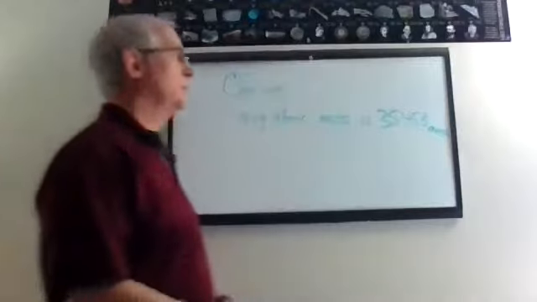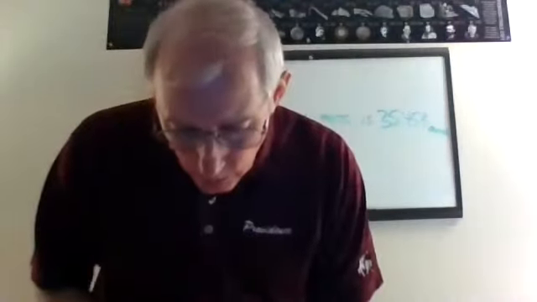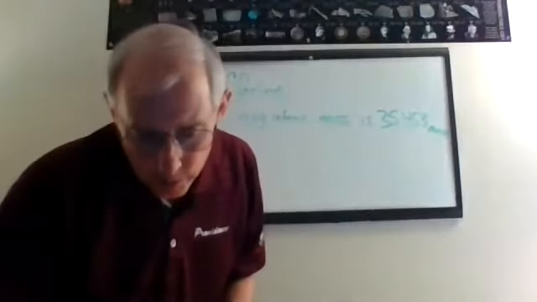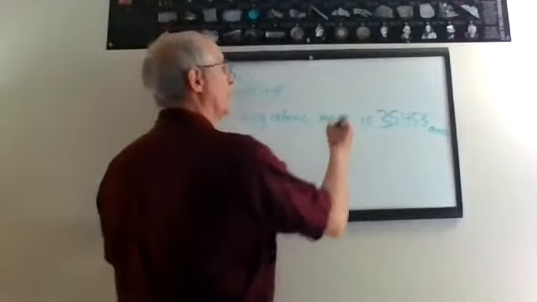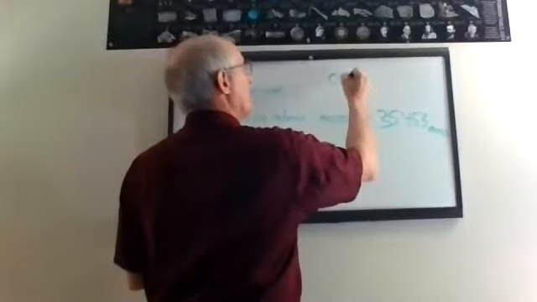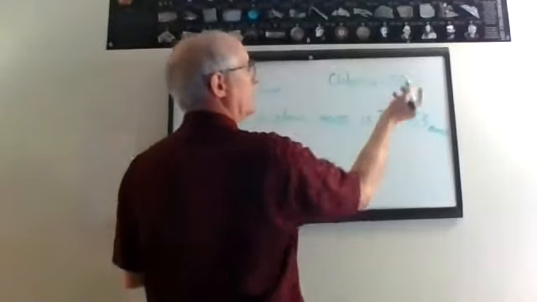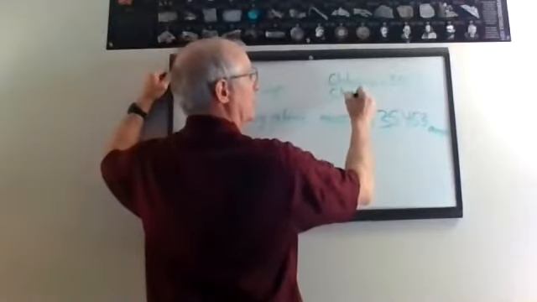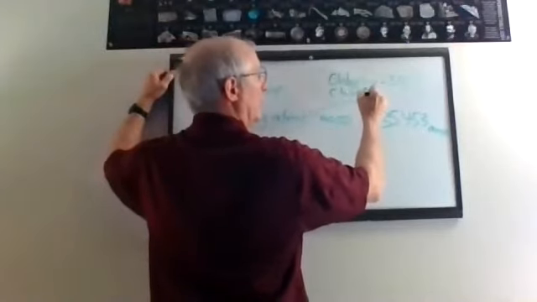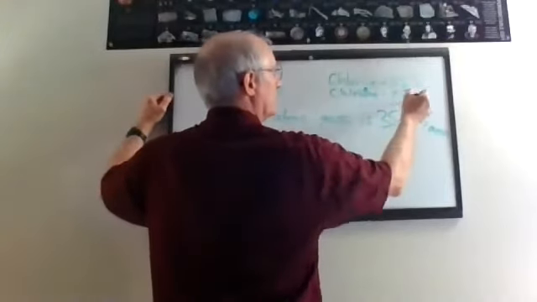Of course. Okay. And what does it want to know? It wants to know which is more common. Chlorine 35 or chlorine 37? Chlorine that weighs 35 has a mass number of 35. Chlorine that weighs 37. Which one's more common?